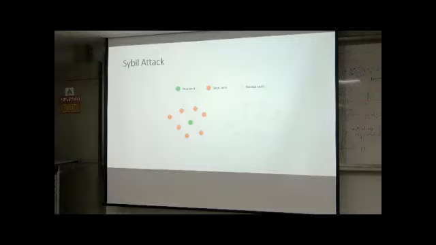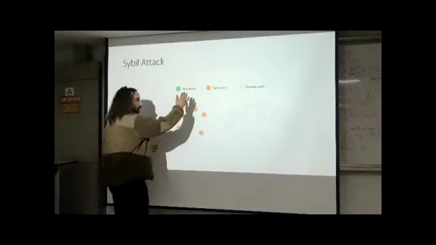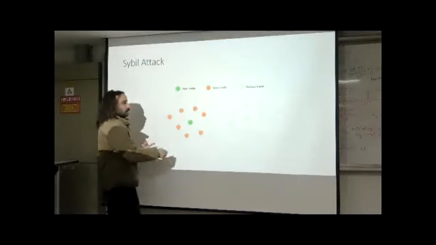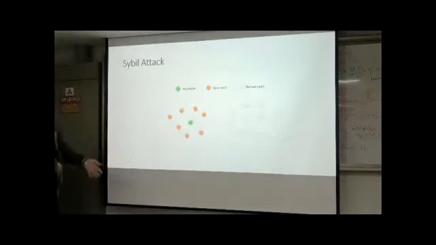It's Sybil nodes, which is the attack. So they cut the connection between the node and other nodes inside the same blockchain network, or Bitcoin network, or other cryptocurrency network.